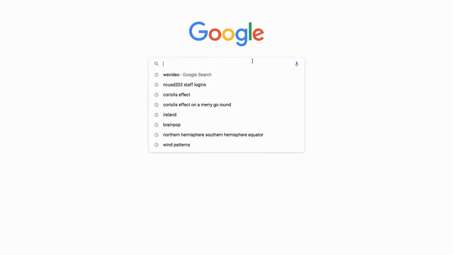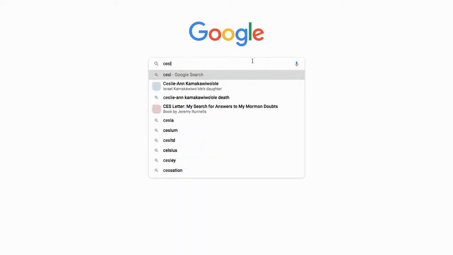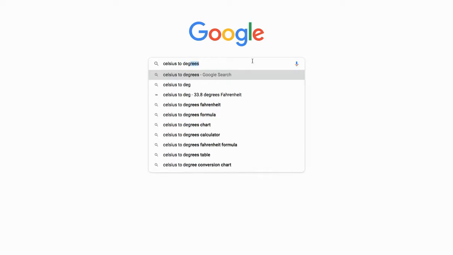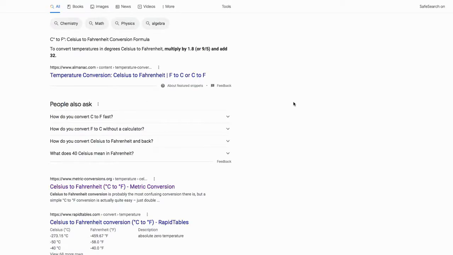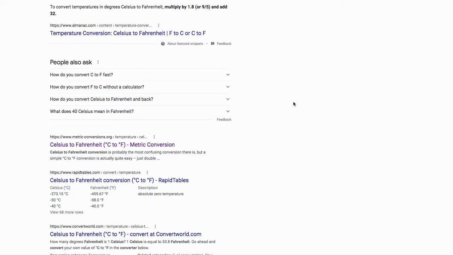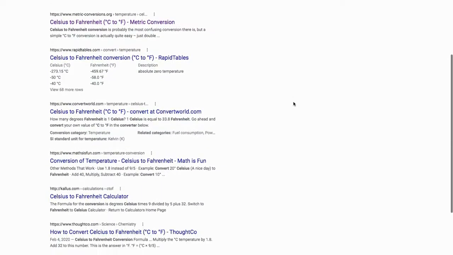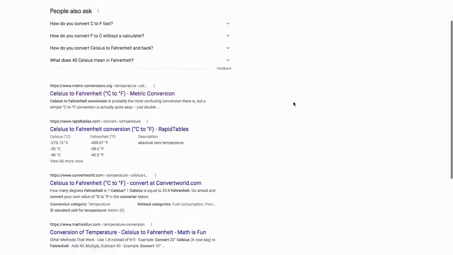You can find that by typing in Celsius to Fahrenheit conversion. That might get us to that. Possibly. Well, we have several. So there are several on here that we could use.